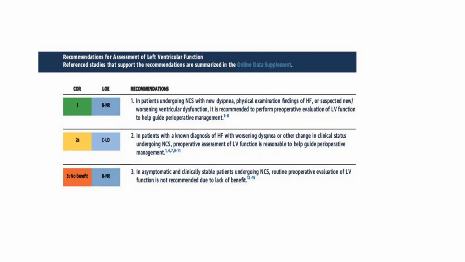That's a level 1 recommendation. Still no randomized study, because it wouldn't be ethical to do a randomized study for patients who need echo, but very strong evidence that getting an echo can be beneficial for the patient prior to their procedure if they have symptoms that might suggest heart failure.